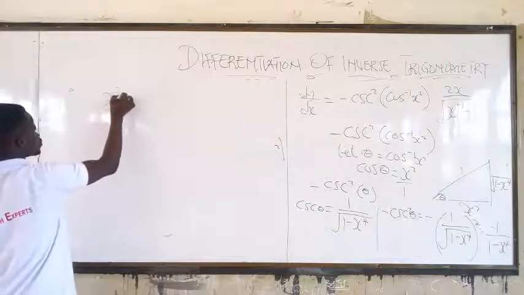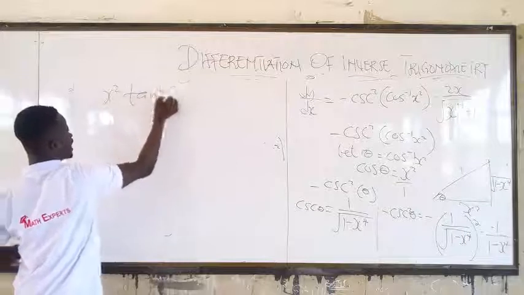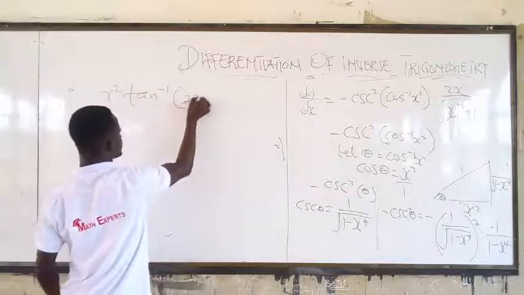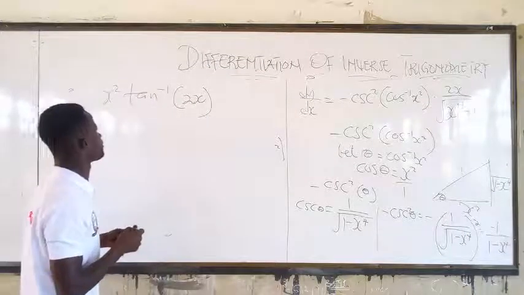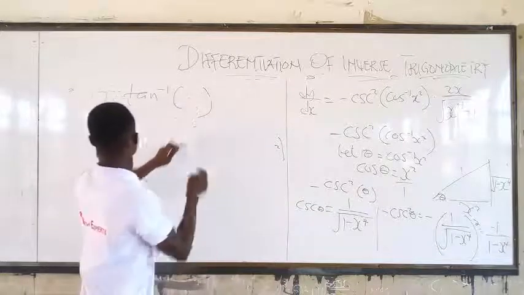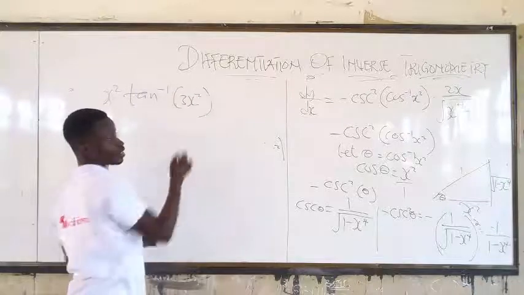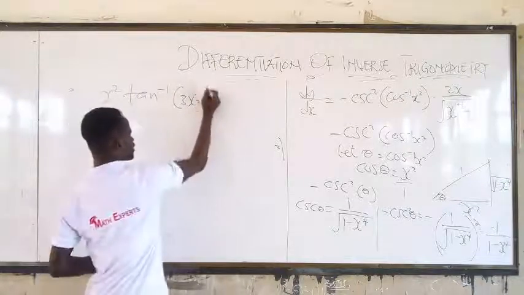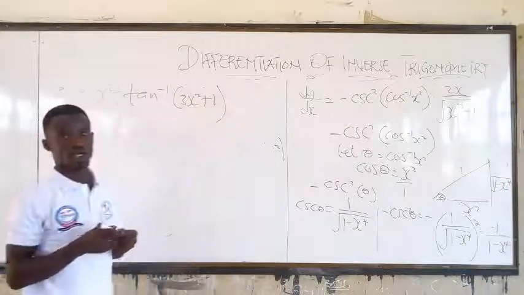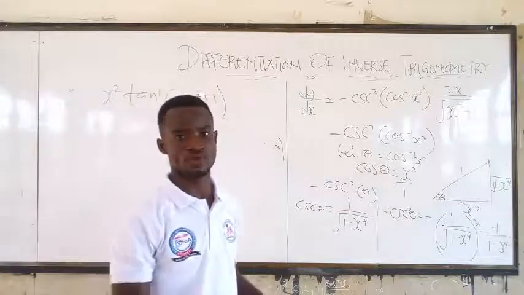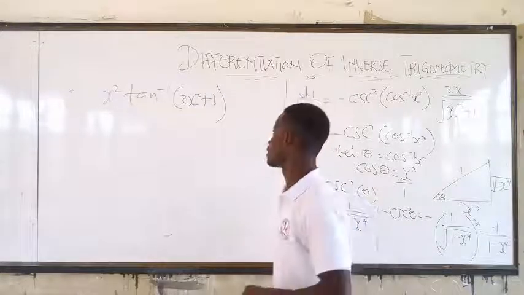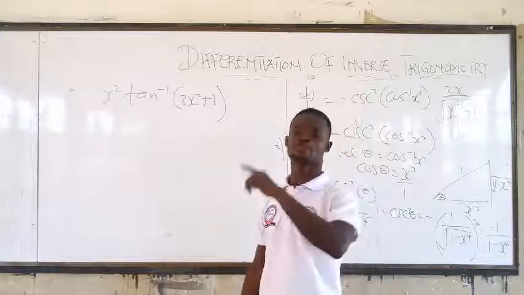Let's say s squared tan inverse of 3s squared plus 1. Let's try a question like this. Yeah, with the time left, we can do that. Or I will pause the video there, you continue.